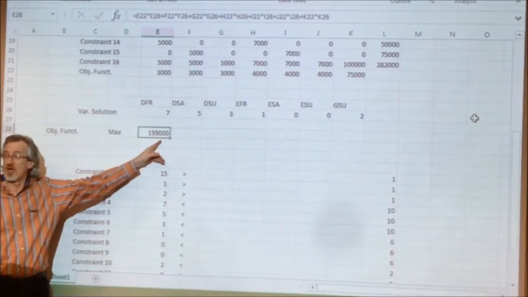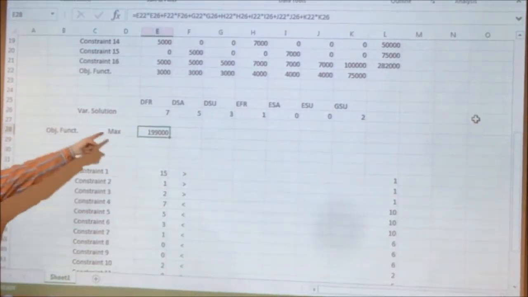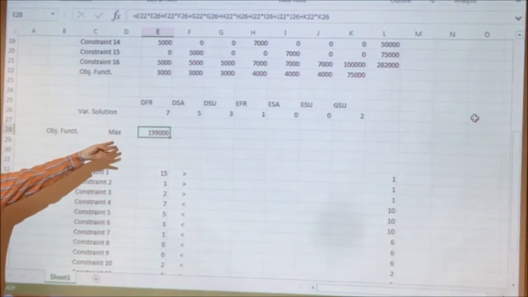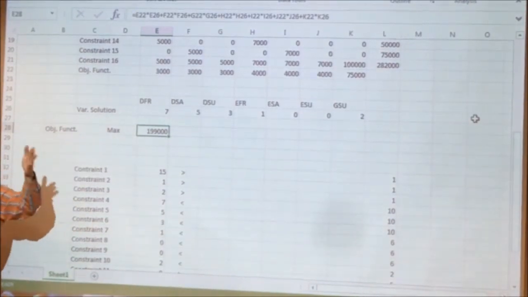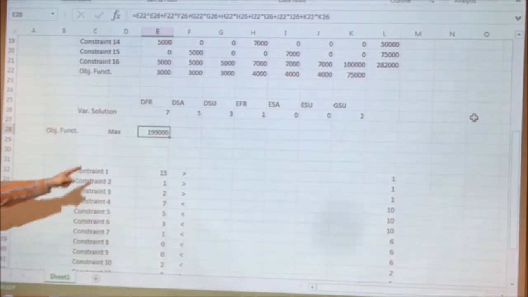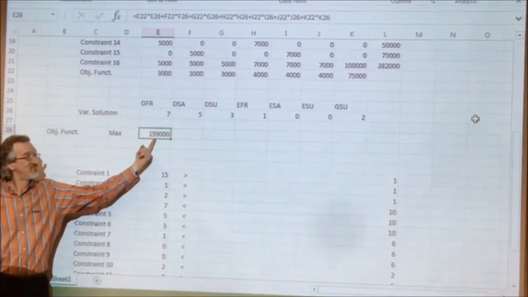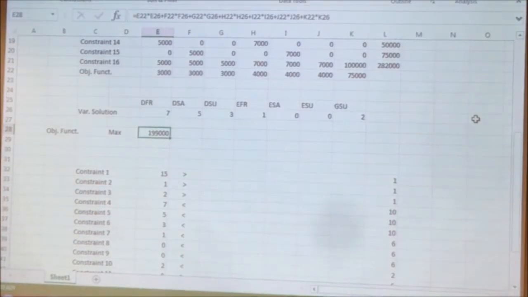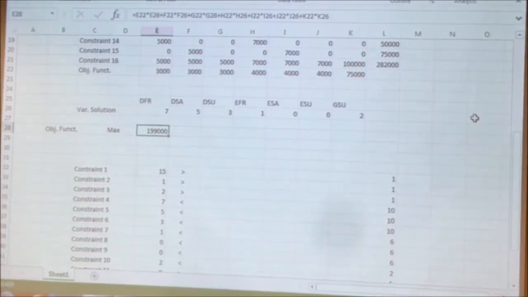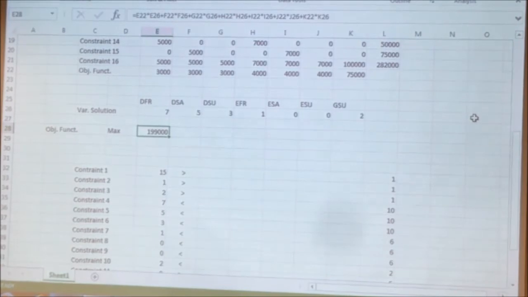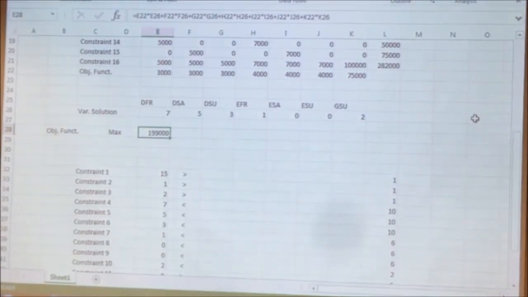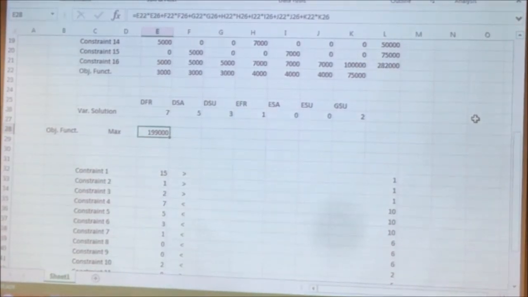Is this the same solution as on the output? It's different. So there is more than one optimal solution, but are we reaching the exact same amount of people? Yes, which is 199,000. So, which constraints are binding? Start.